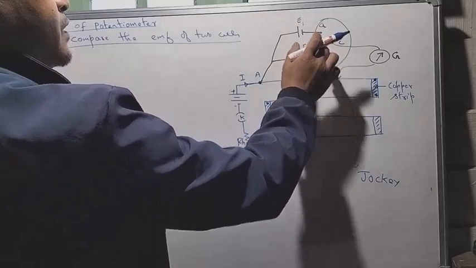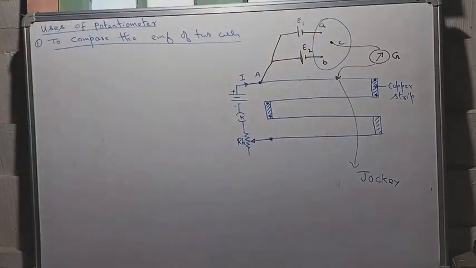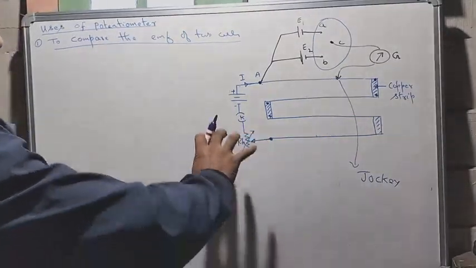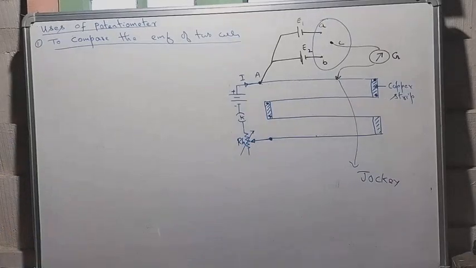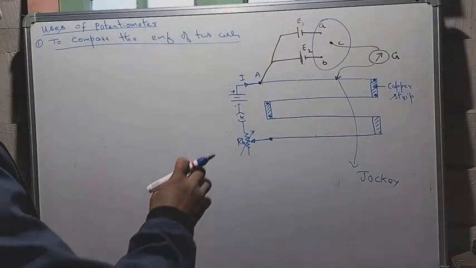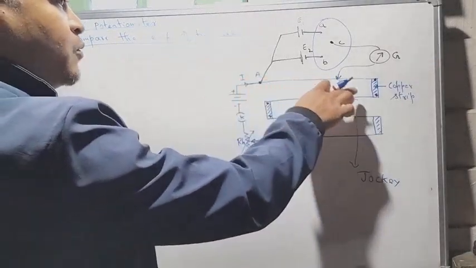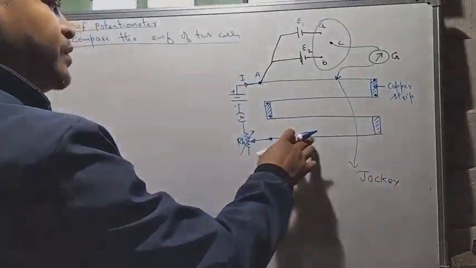Now, in order to compare the EMF of two cells, I will first set the rheostat. I will adjust and fix the position of the rheostat so that a constant current I will be flowing through the wire in this way.